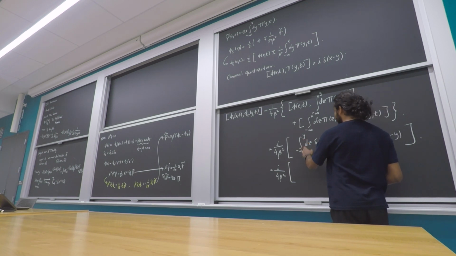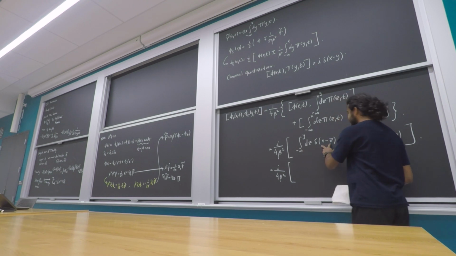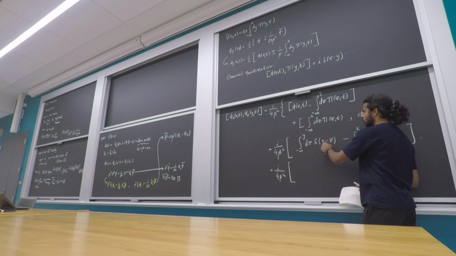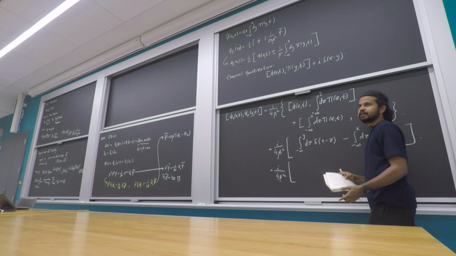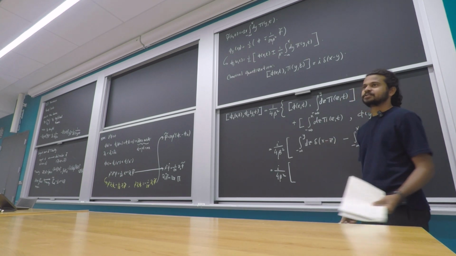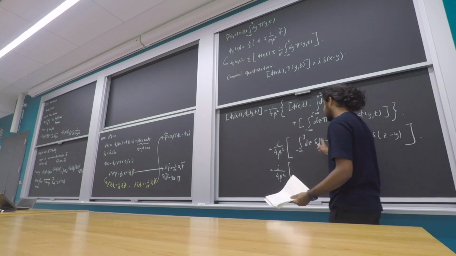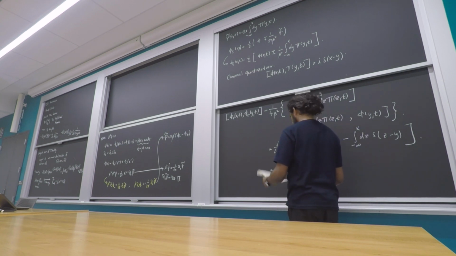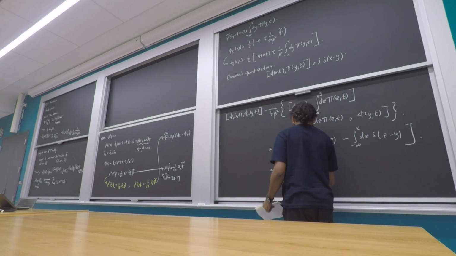If y was smaller than x, then this delta function will never have a nonzero support, so it's 0. If y is more than x, then only then z has a chance to be equal to x, and then I get 1. So this integral results in theta of y minus x.